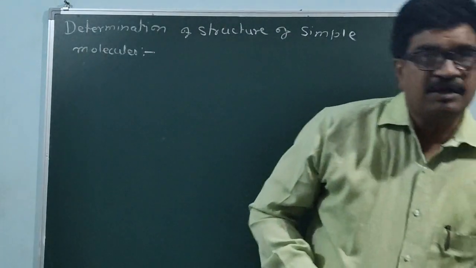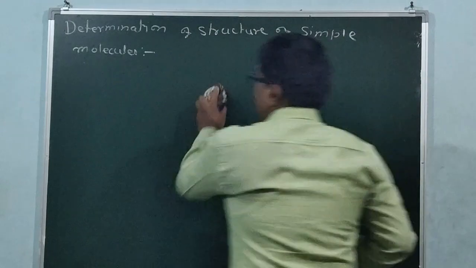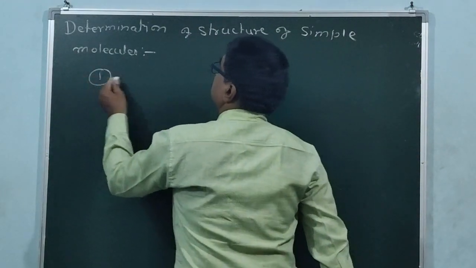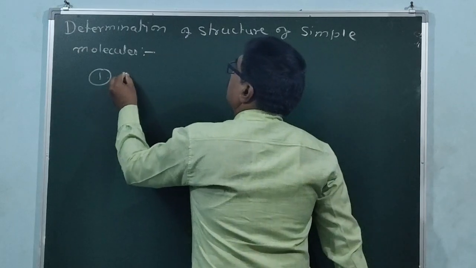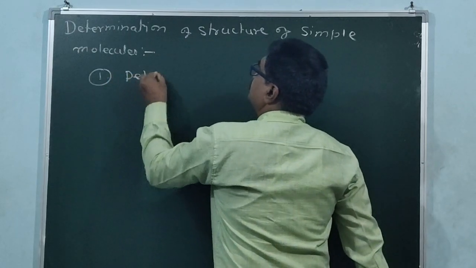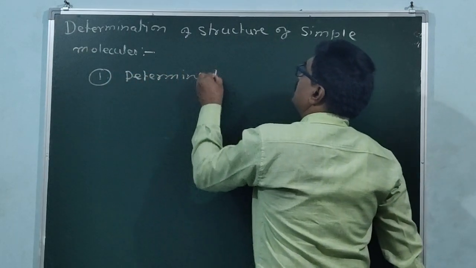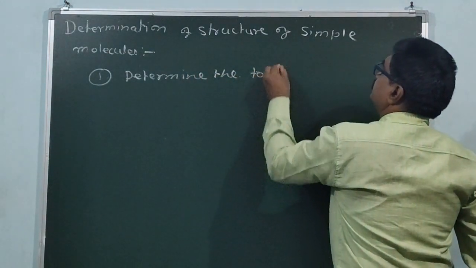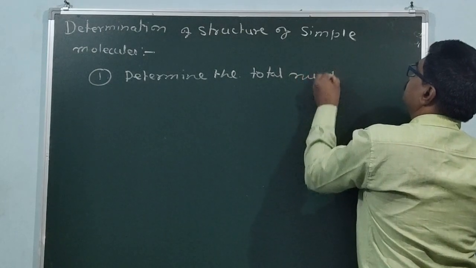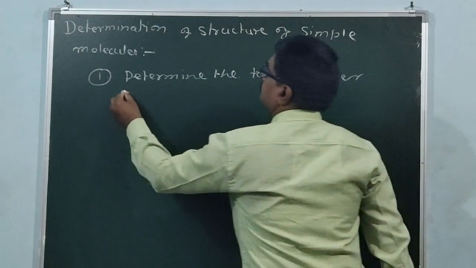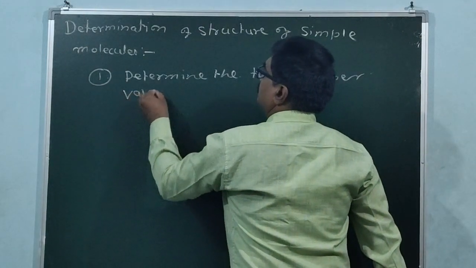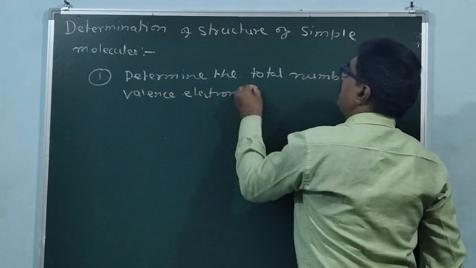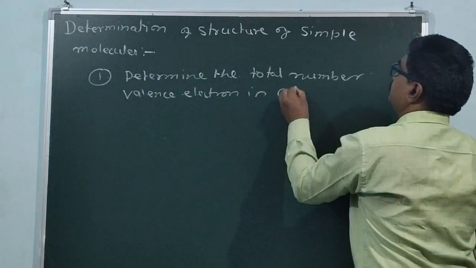The first method: first, determine the total number of valence electrons in the central atom.